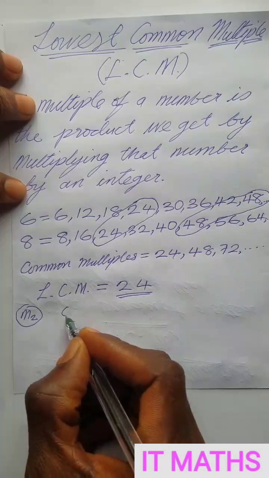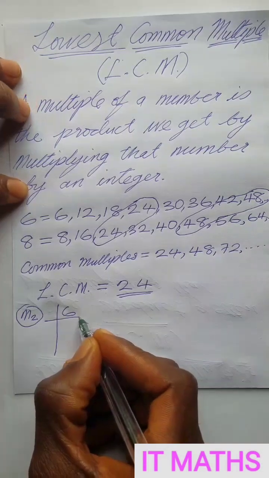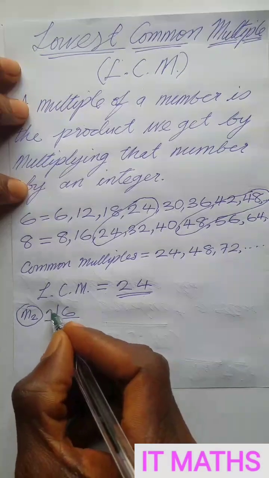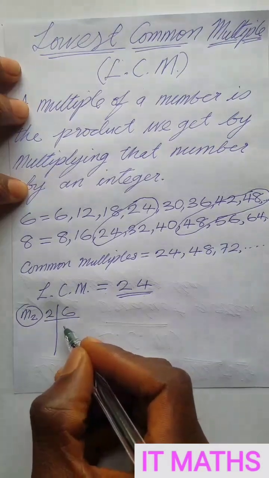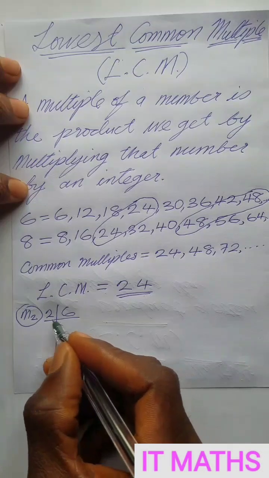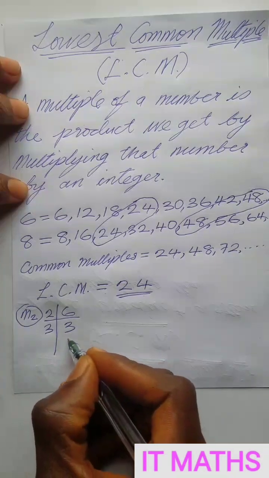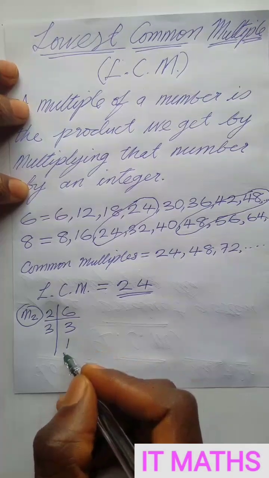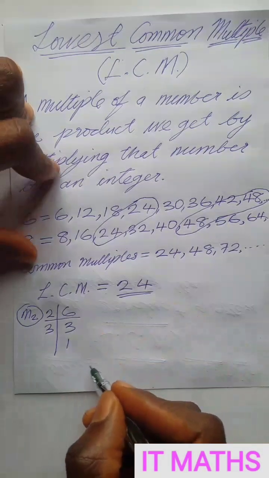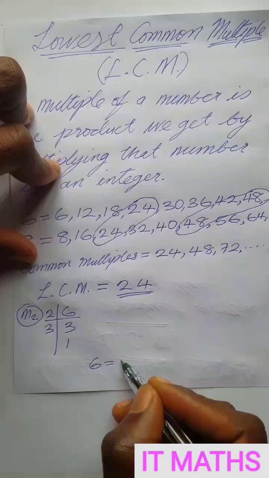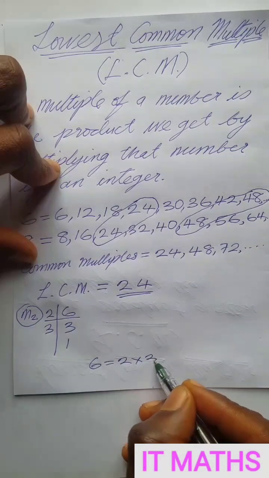So let's build prime factors of 6. We choose 2 as the first prime, lowest prime number. 2 into 6 is 3. The next one is 3. 3 into 3 is 1. So we have our 6 as 2 times 3.